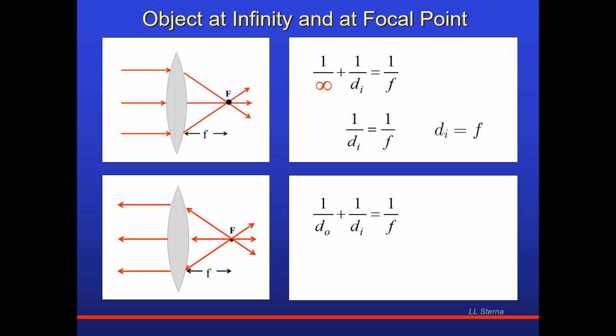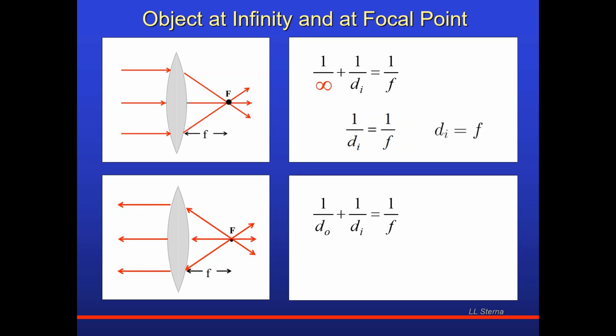Remember the way the lens refracts light. You can solve Snell's law on the left side, Snell's law on the right side, n1 sine theta 1 equals n2 sine theta 2. And Snell's law doesn't care which way the ray is going, left to right, right to left. Same rays, same angle.